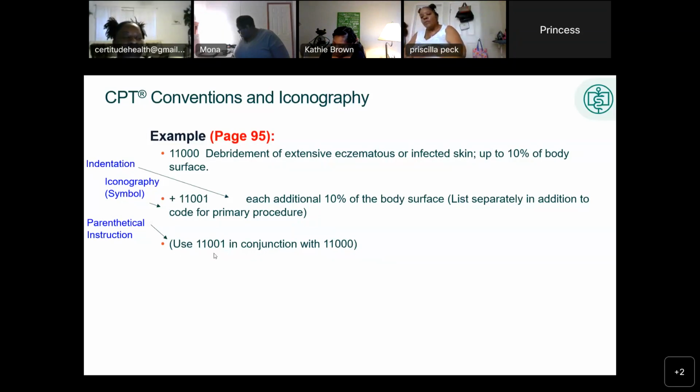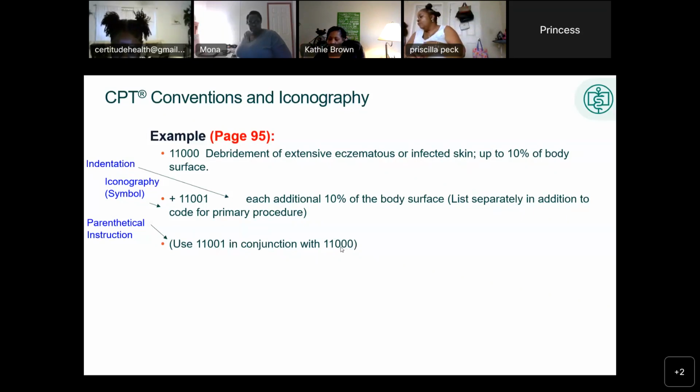So this is where parenthetical notes come in, or parenthetical instructions. There'll always be some type of note in the parentheses that's going to help you decipher how to code this. So in ICD-10, we had the tabular list, right? We don't have the tabular list here, but we have parenthetical instructions, which are just notes in parentheses that help us with the coding.